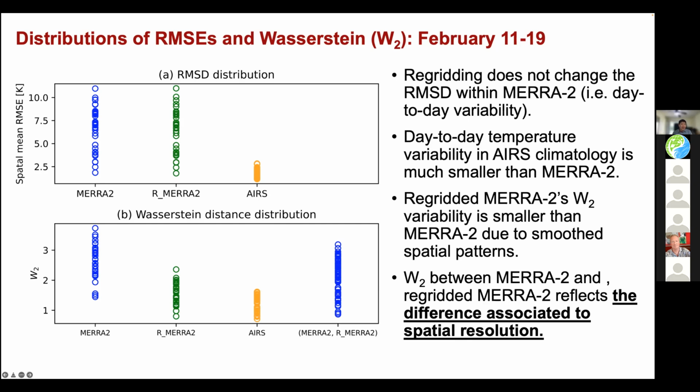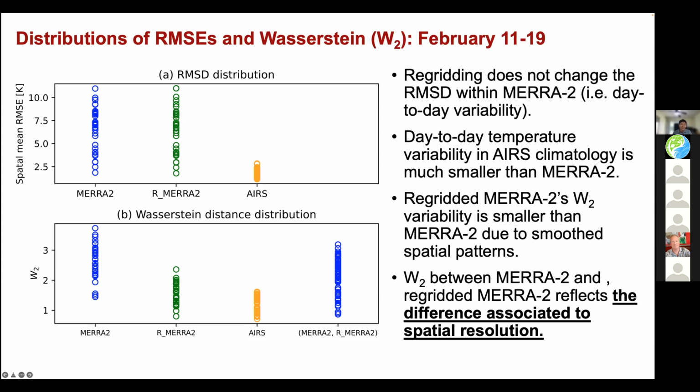And we see that regridding. So this is from the original observation, and this is from the regridded observation. Regridding doesn't change RMSD that much. It's almost the same.